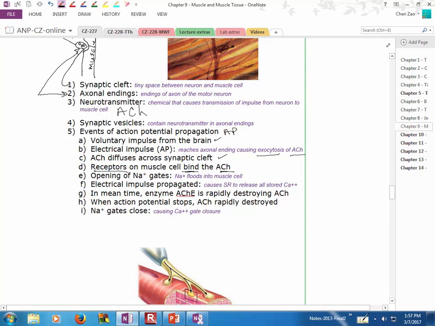So as soon as acetylcholine's there, that will bind to that receptor, and that will then cause this step of the opening of sodium gates in the muscle cell's membrane. So there's a receptor that acetylcholine binds to, which will then stimulate the opening of sodium gates.